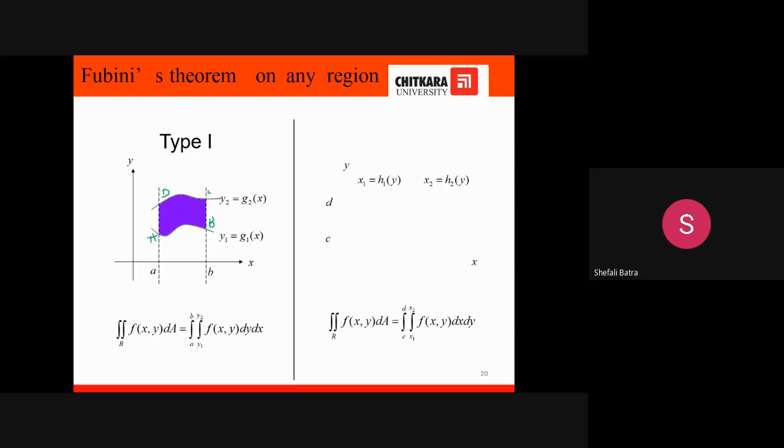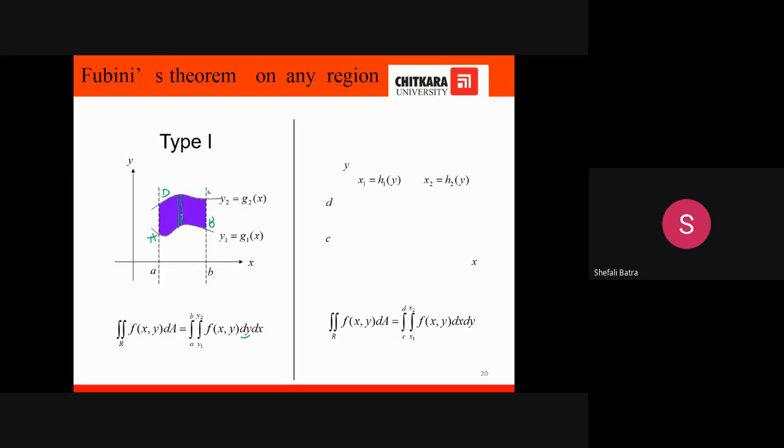Right? So in this case, what you are doing, double integration f of x comma y dA. dA means dx into dy. So you are writing here dy into dx. I'm integrating with respect to y. It means I'm making a vertical strip, right?